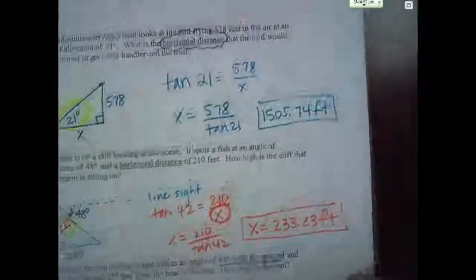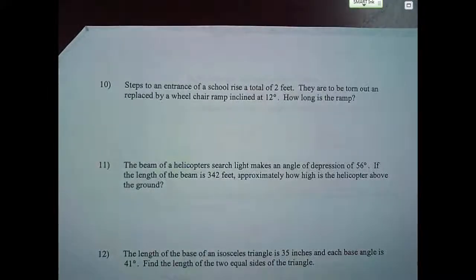Let's go to 10. Steps to an entrance of the school rise a total of 2 feet. They are to be torn out and replaced by a wheelchair ramp inclined at 12 degrees. How long is the ramp? Okay, we're asking about the ramp.